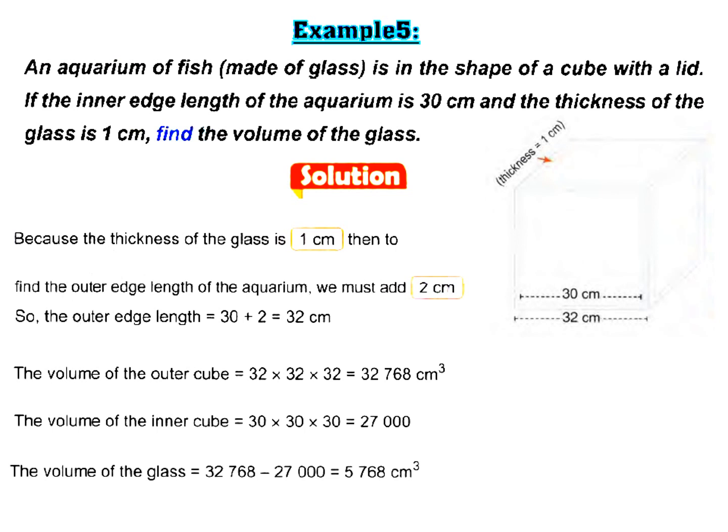Again, he gave me an aquarium made of glass and required me to get the volume of this glass. Firstly, I must know the inner volume and the outer volume, and subtract the inner from the outer. So I must know the inner edge length and the outer edge length. He gave me the inner edge length equals 30, and the thickness of this glass, which is the key to the solution of this exercise.